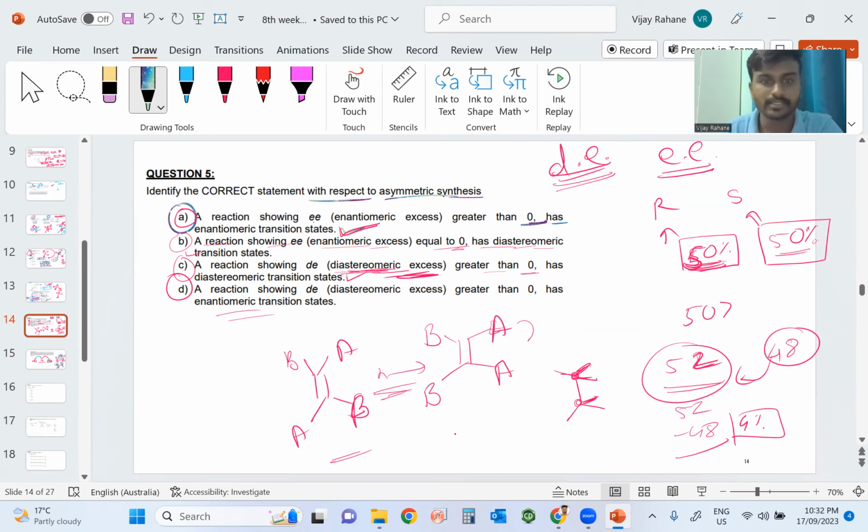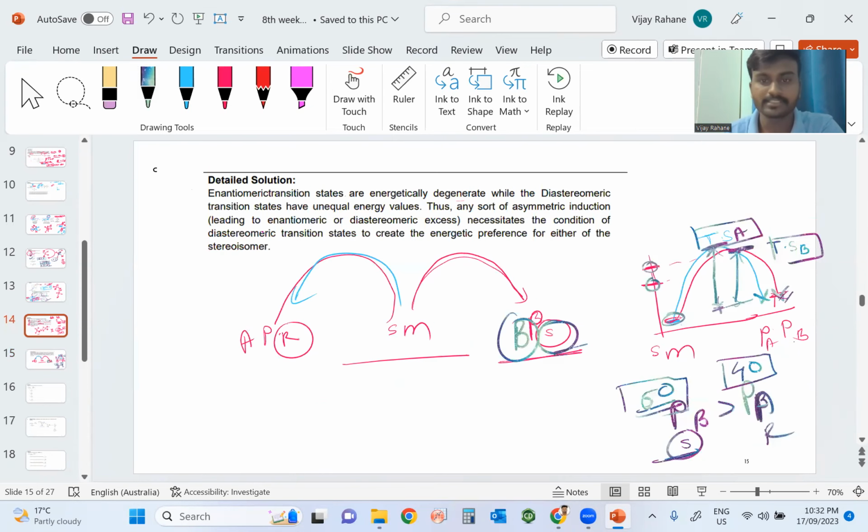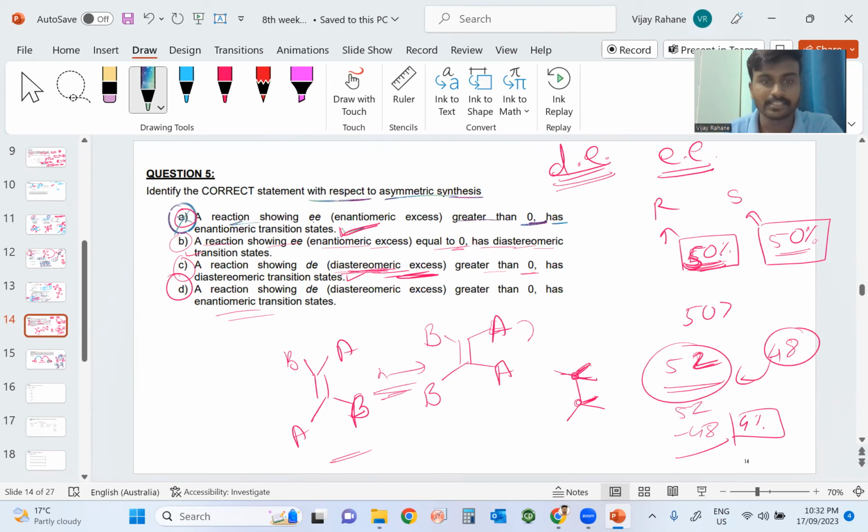The reaction showing enantiomeric excess greater than zero has enantiomeric transition states. This is the wrong statement. The enantiomeric transition states have an energy difference only. The transition states are the same. And what you have written here, equal to zero, has the diastereomeric transition state.